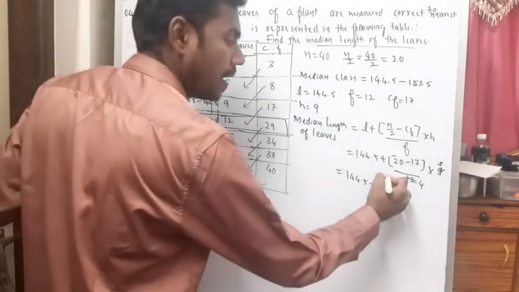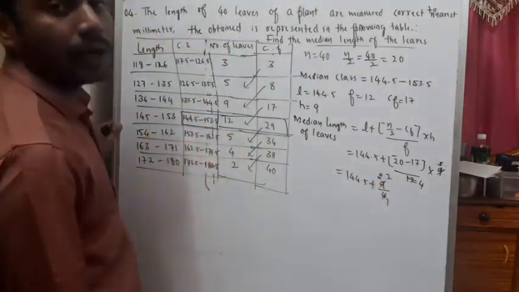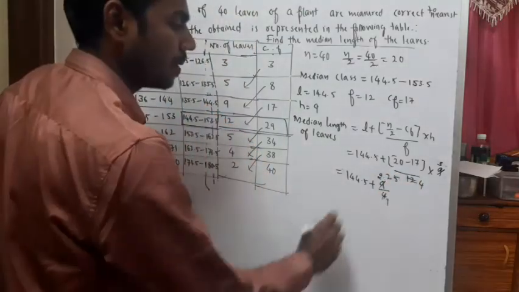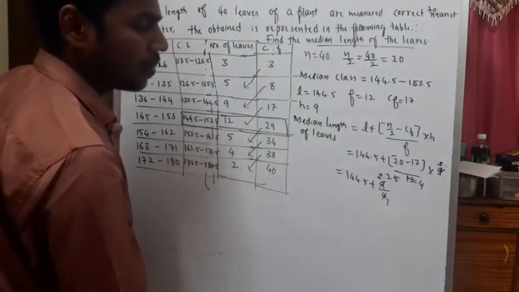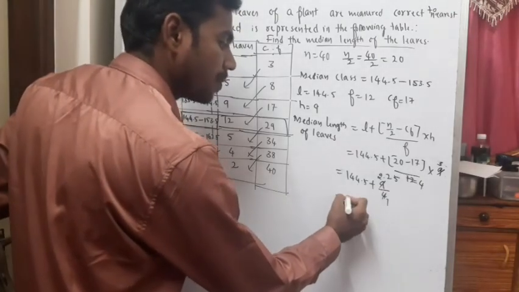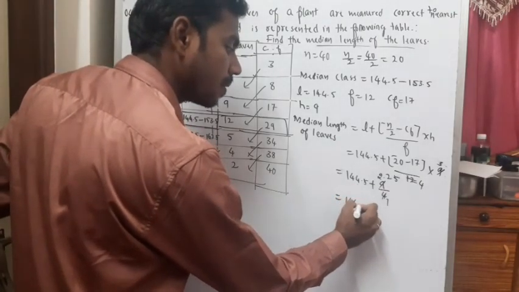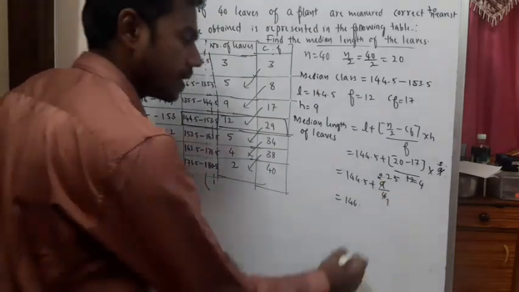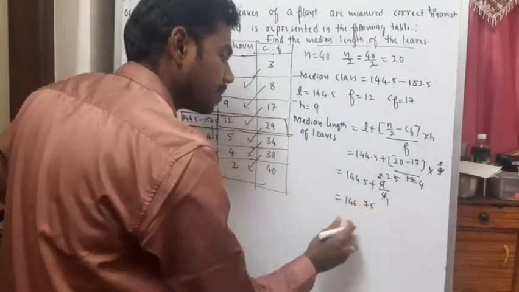Again 4 2s are 8, 2 left, 20. 4 5s are 20. After the decimal, 2 digits are enough. So this will be equal to 146.75.